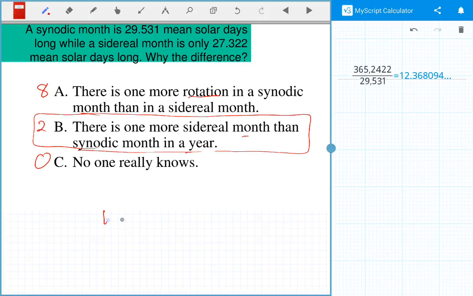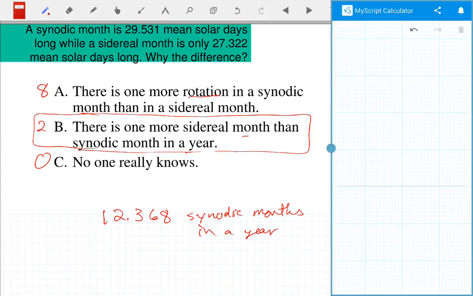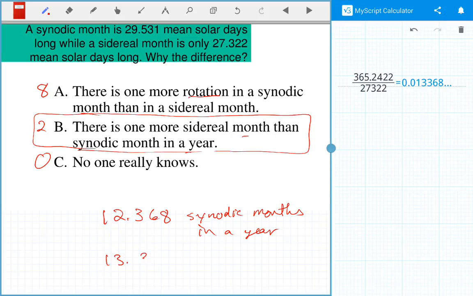So there are 12.368 synodic months in a year. And now just to make sure, because I didn't actually check this, I said, yeah, it's got to be that. 365.2422 divided by 27.322 is, yeah.